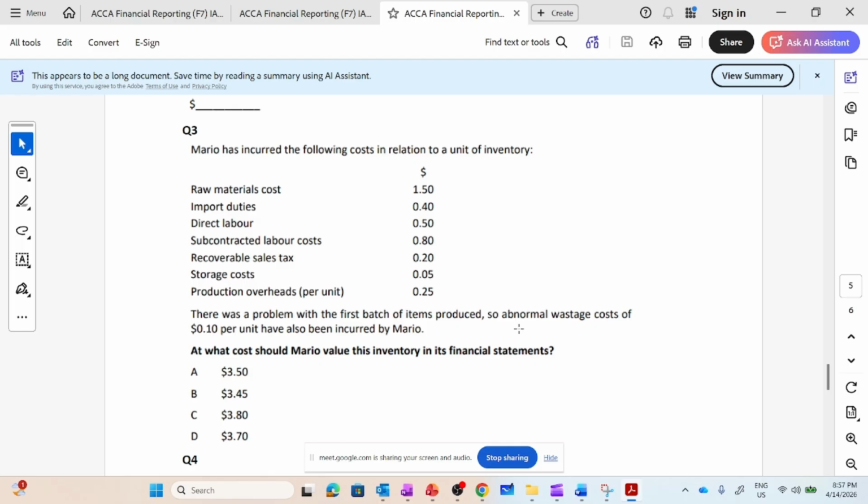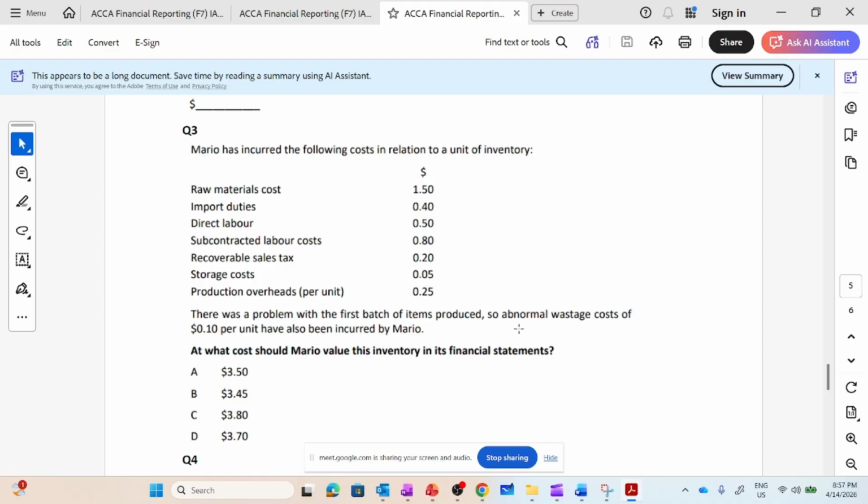We need to calculate the cost. Raw material, import duties, direct labor, subcontractor labor cost, recoverable sales tax, storage cost, production overhead. There was a problem with the first batch of items produced, so abnormal wastage cost of 0.1 per unit has also been incurred by Mario.